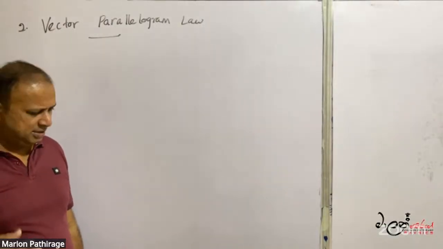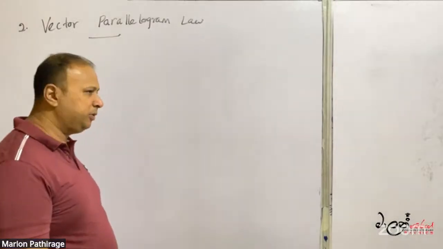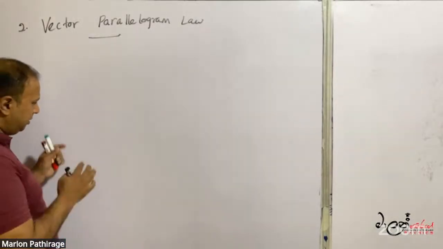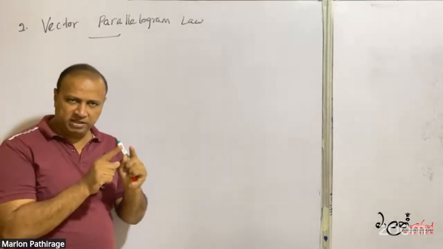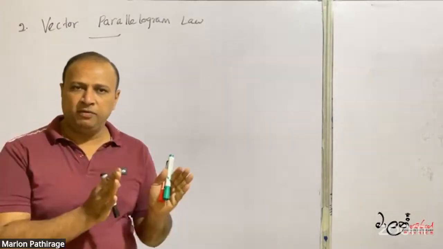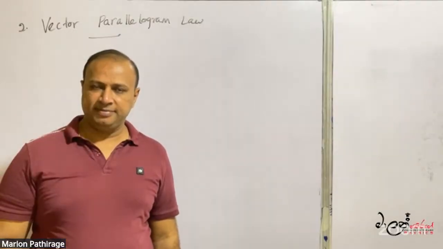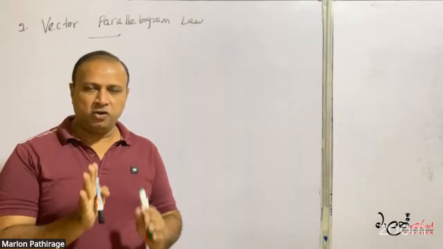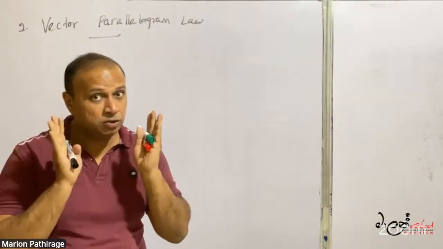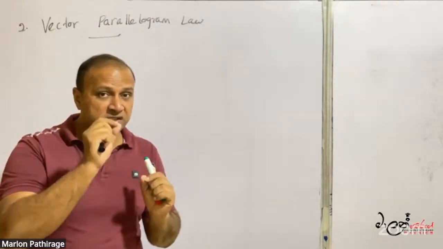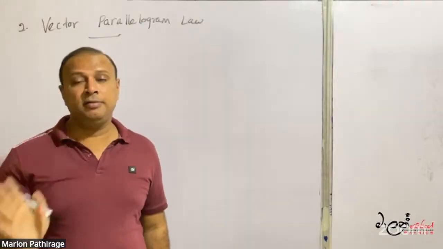Suppose there are two vectors which are acting at the same point, whose starting points are equal.